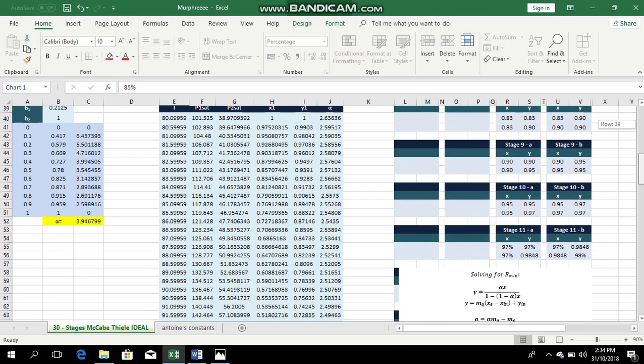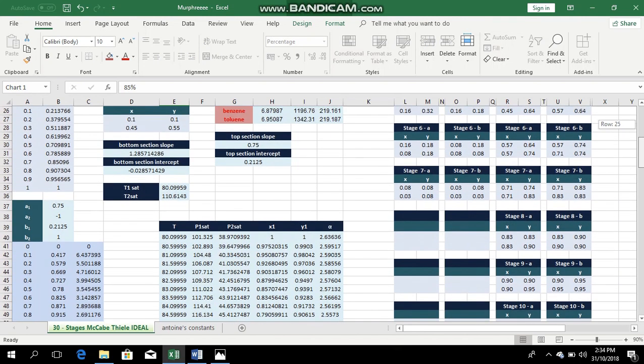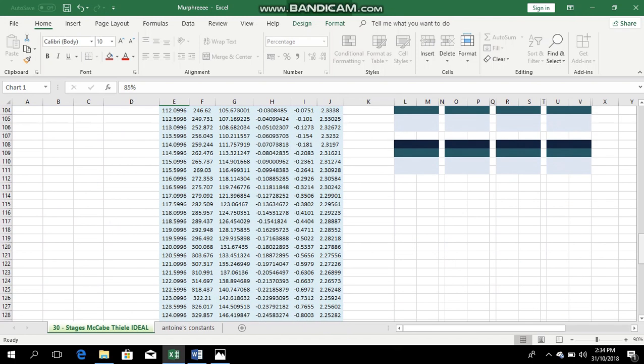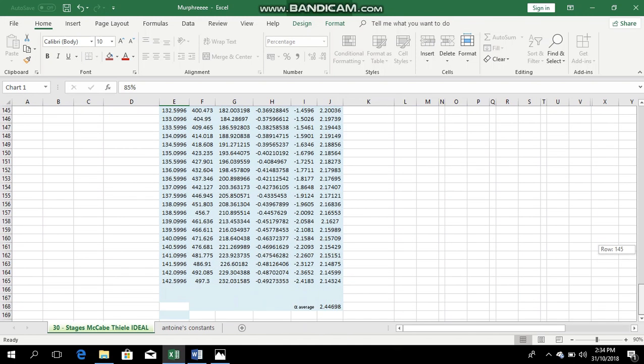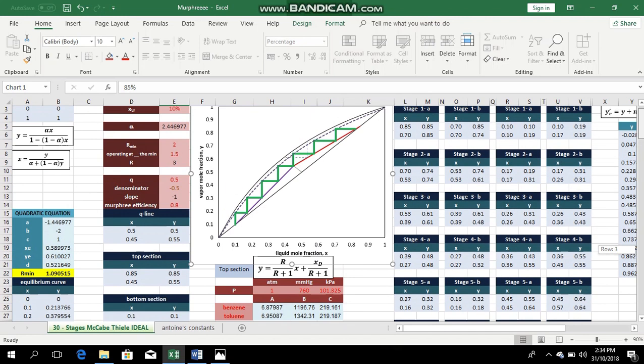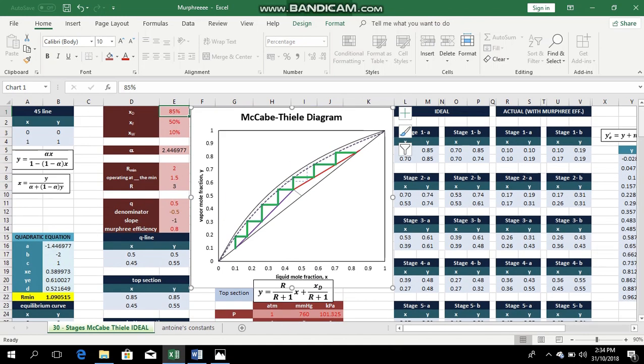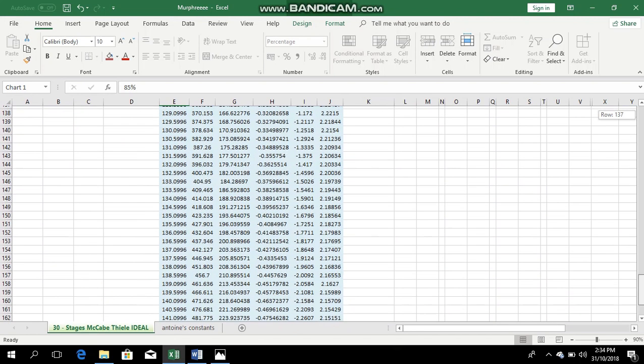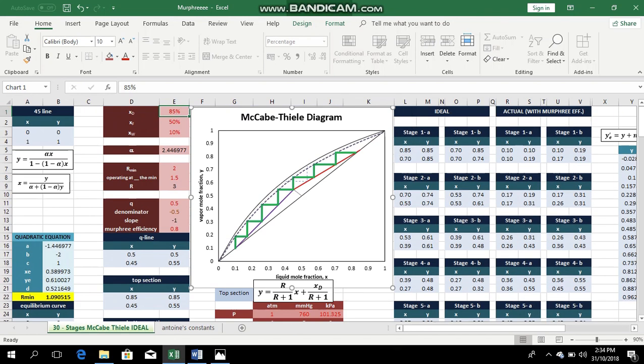So we solved here the temperature, the P1 sat, P2 sat, and alpha. We find the average alpha to be 2.44698. It was rounded off. So this is our alpha.